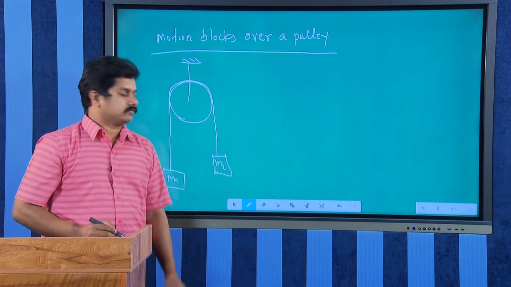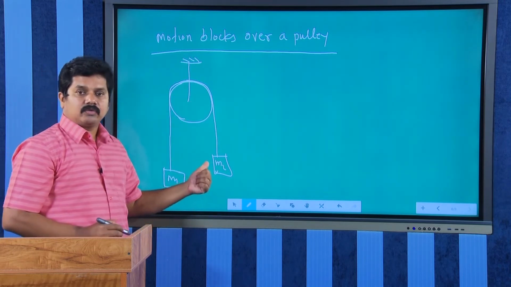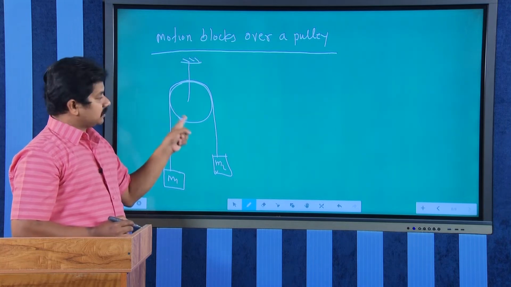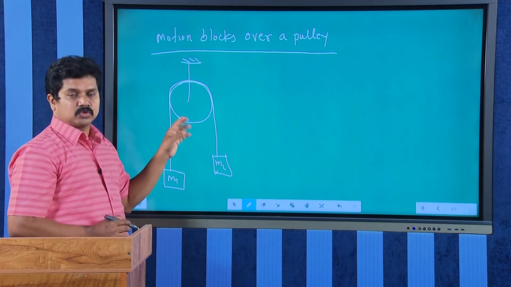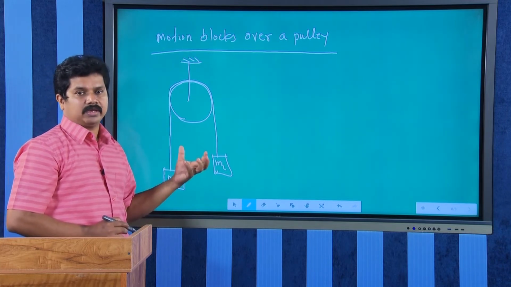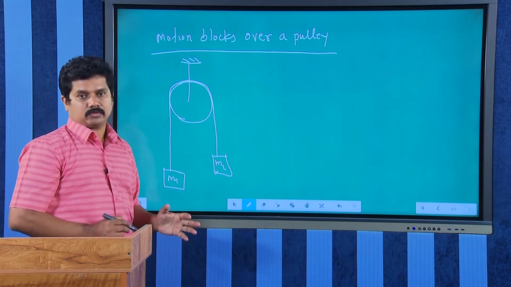So, we have two blocks M1 and M2. These two are connected with the help of an inextensible string, and it is placed over a pulley. Assume that the pulley is smooth and massless, that is what is an ideal pulley. There is no friction. Assume that the mass of the pulley is also 0.